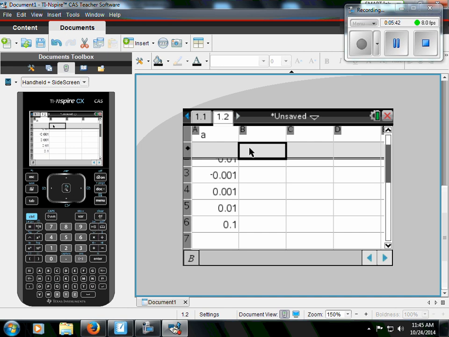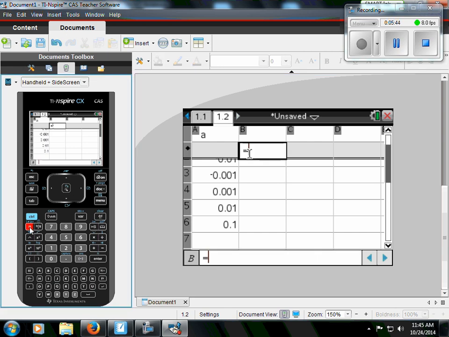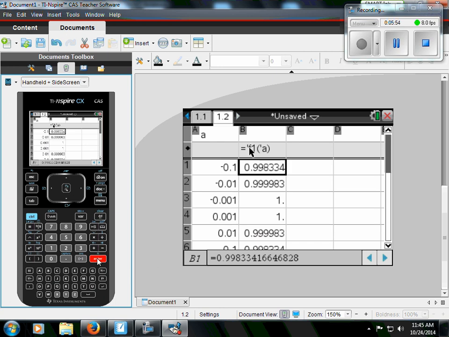I can say equals, then variable f1, enter, and then variable A, enter. It plugged them all in for me. You can now copy these numbers into your table on your notes.